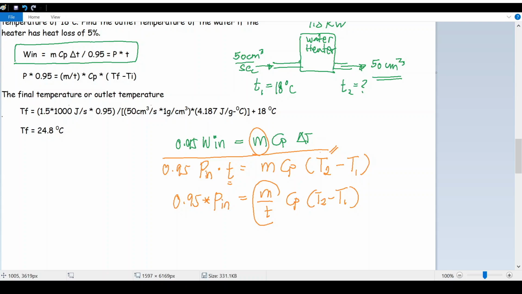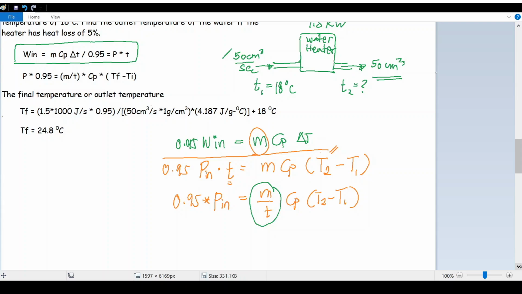Then you can see that the mass over time appears in the equation, which can be determined through the volume flow rate.